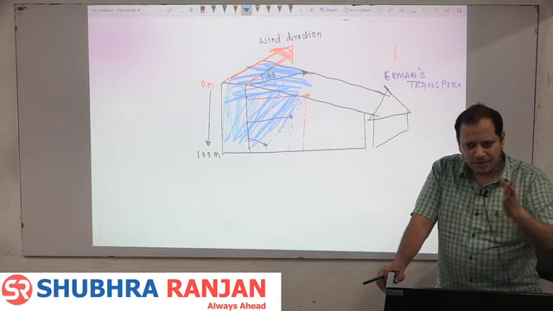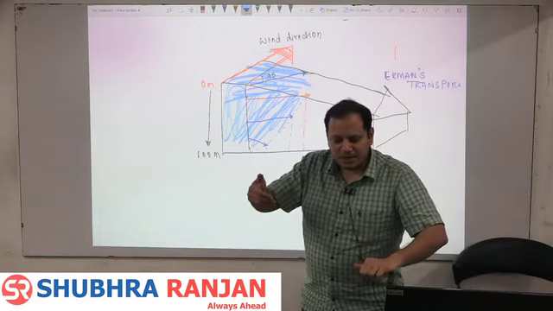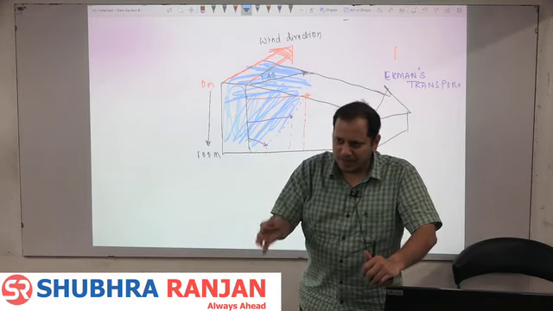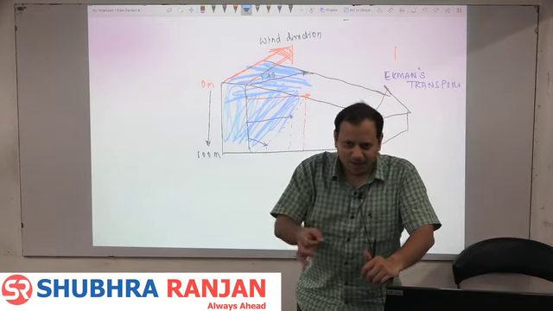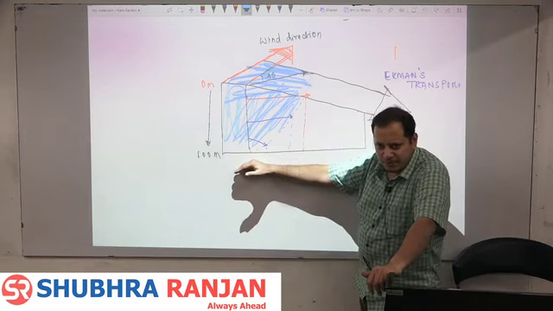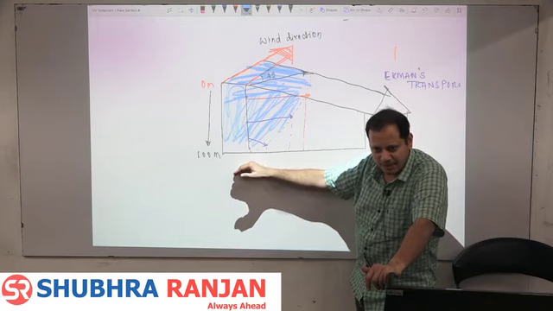The upper layer moves at 45 degrees to the direction of the wind. Because of the upper layer moving, the lower layer will start moving, but at a lesser velocity, and therefore there will be lesser deflection. Thus the successive layers of the ocean up to the depth of 100 meters will move with different velocities, but the deflection will keep on decreasing.